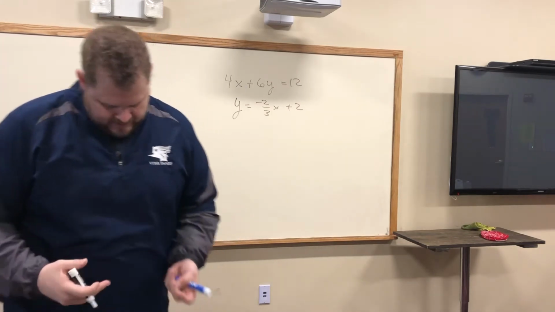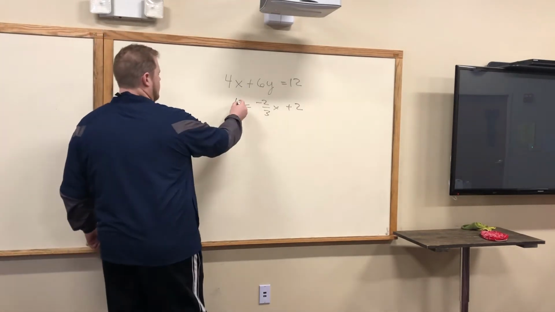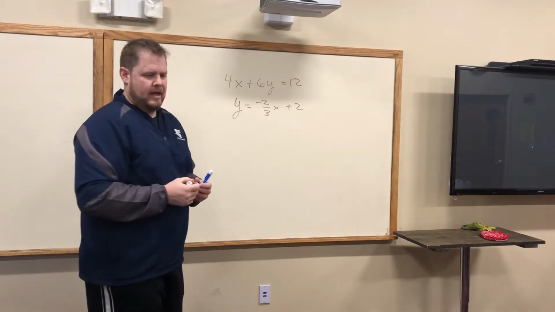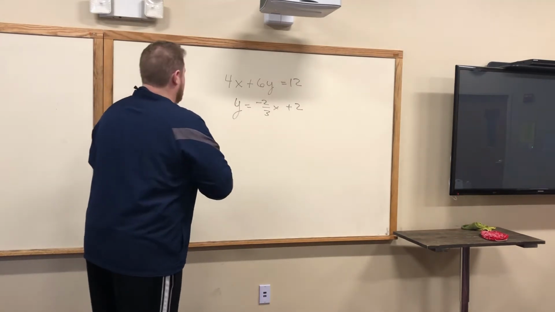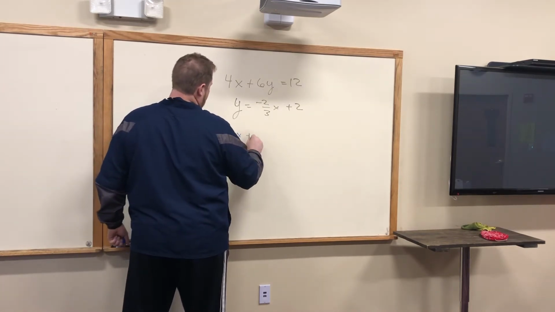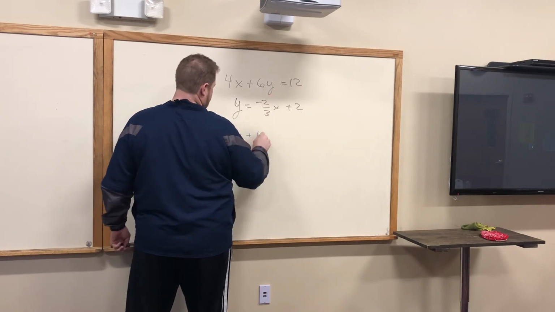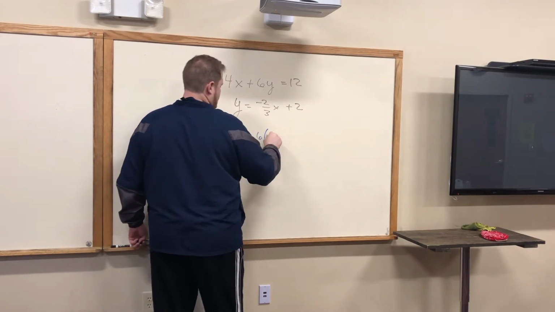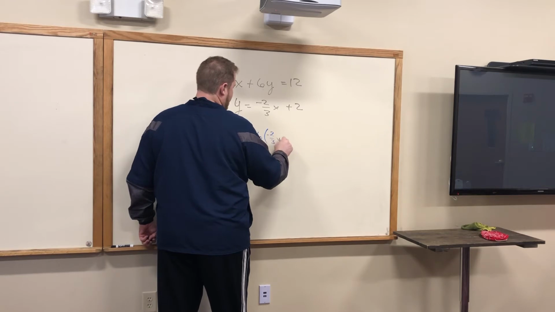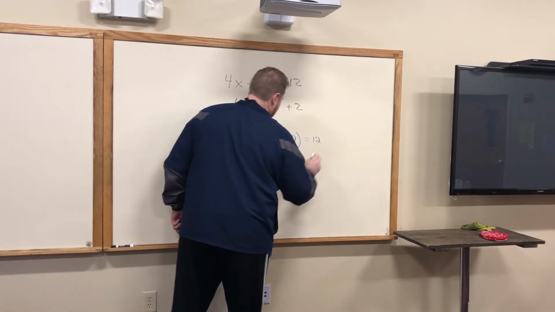Okay, you guys agree? They set it up for you? So all you have to do is plug in for y, right? So we just do that, okay? When we do that, we're left with 4x plus, so we put in this stuff for y, so 6 times negative 2/3 x plus 2 equals 12.